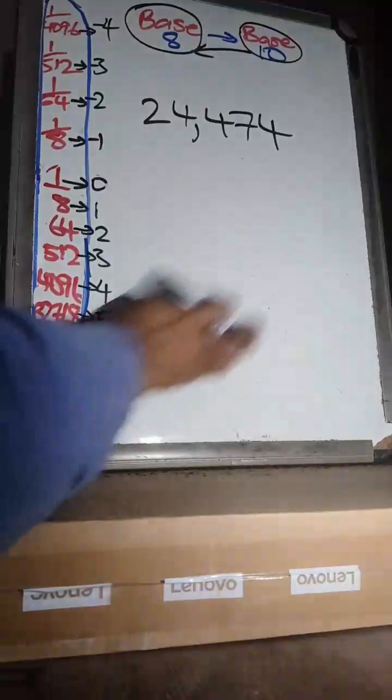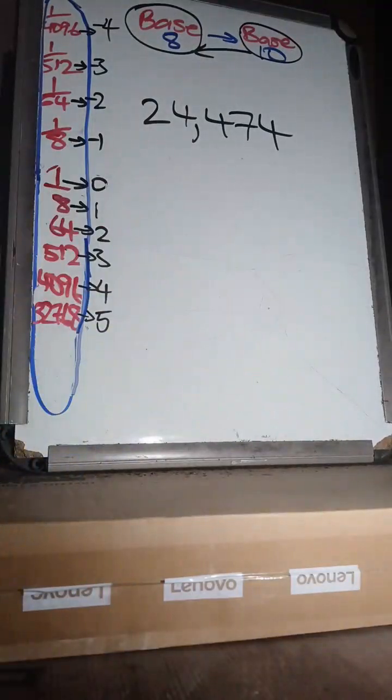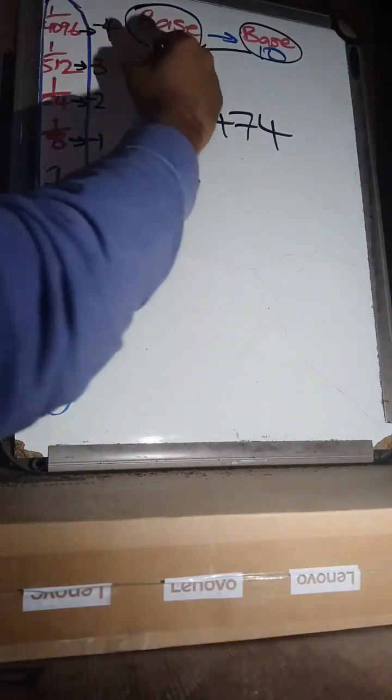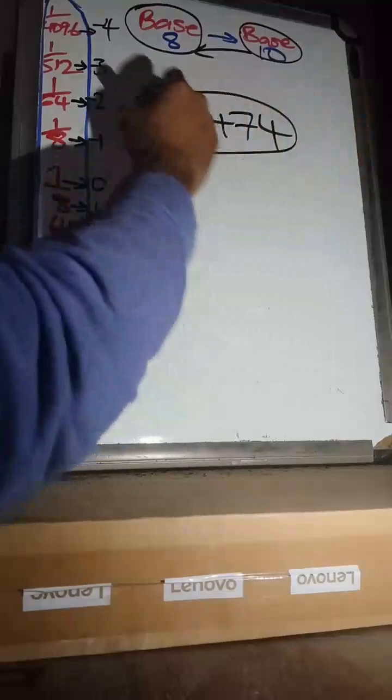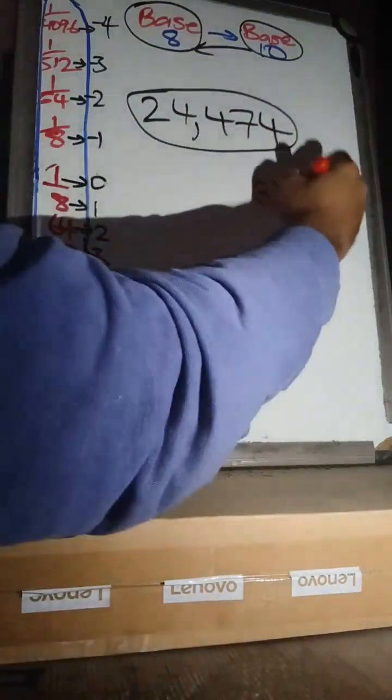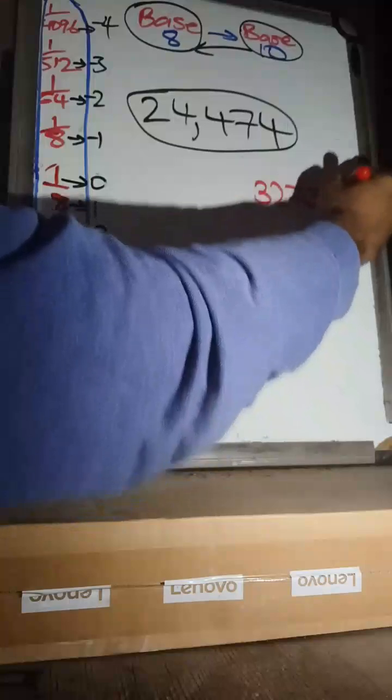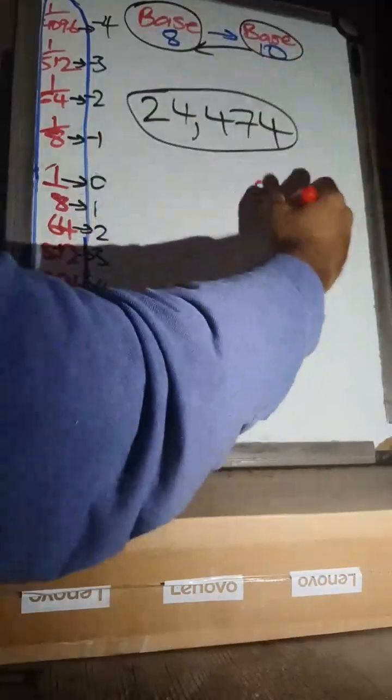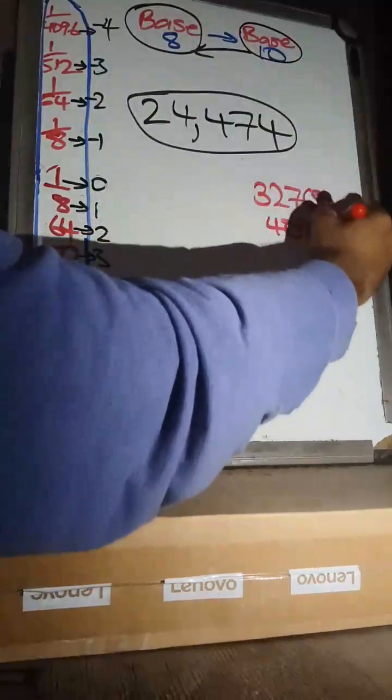How would we convert that now, how do you turn this into a base 8? So, alright. So let's start off with our 32,768. Drop it to 4,096.